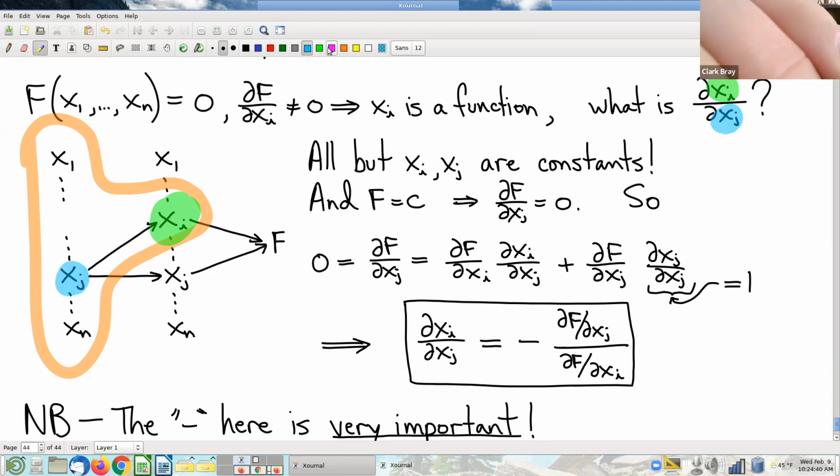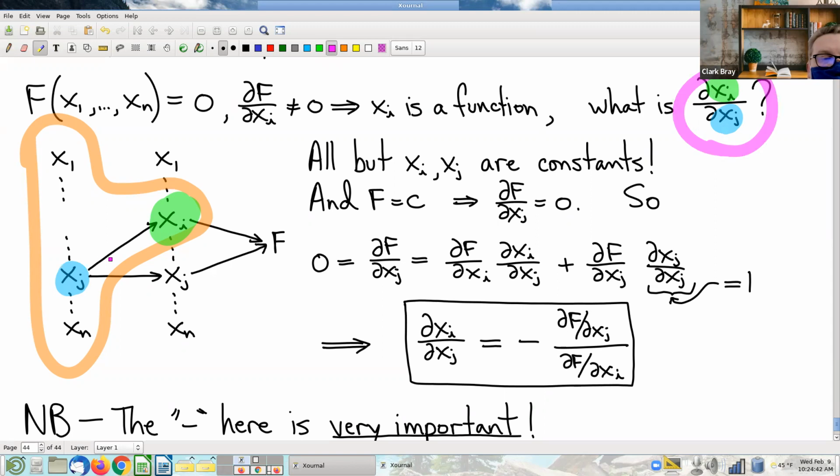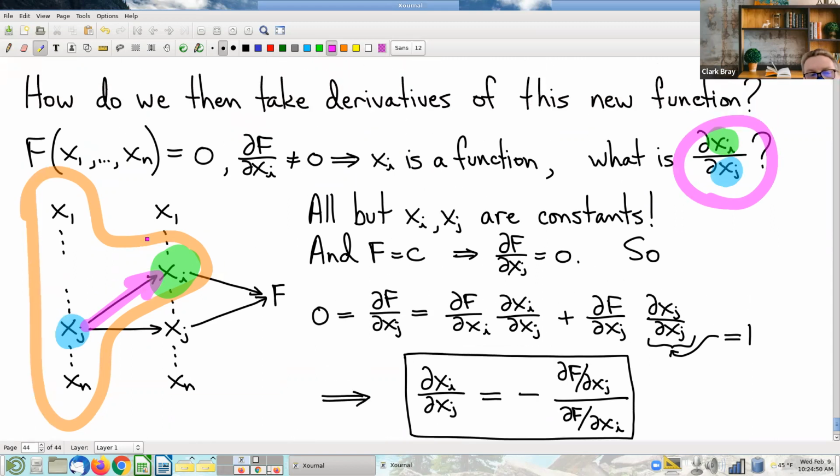So what is this specific partial derivative there? Right, so does everybody see how this is the question we want to address here? I had been viewing xi as being an input variable to the original f function. I'm now viewing it as a function on its own of the other variables. How do I take partials?